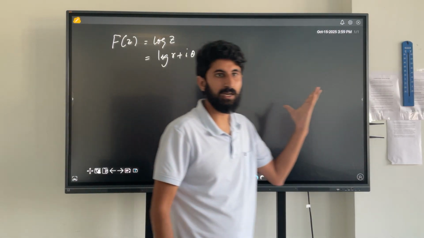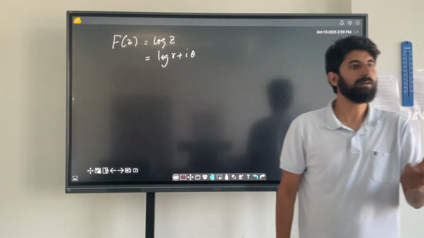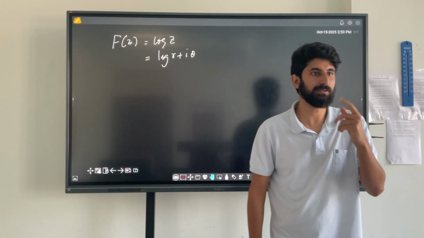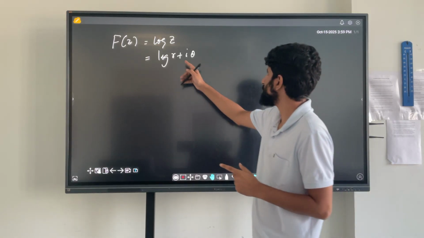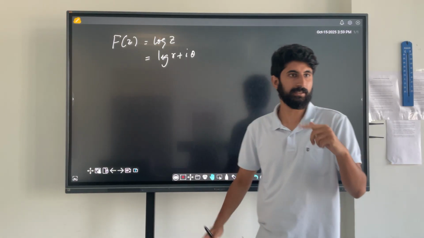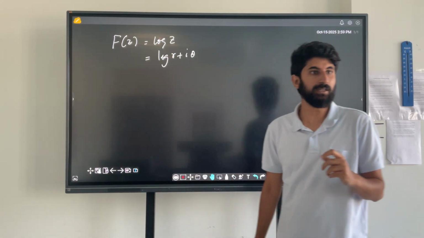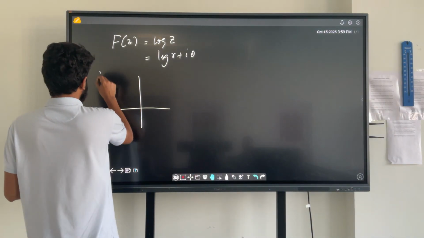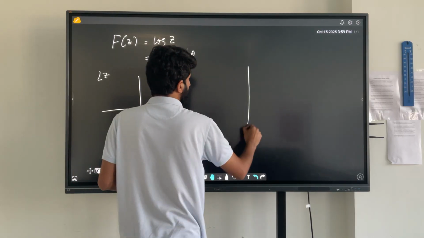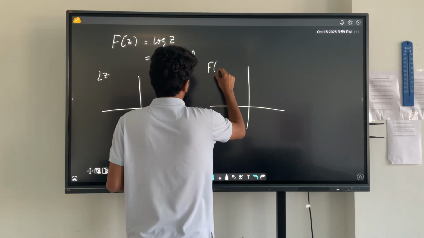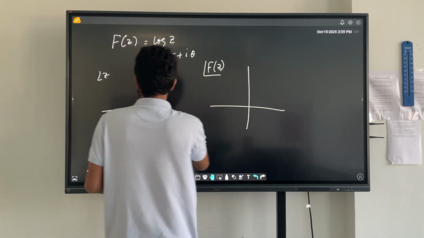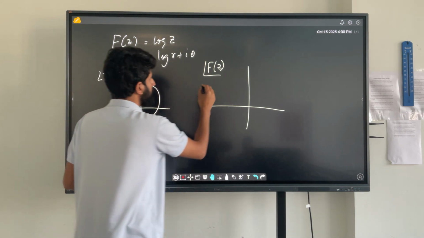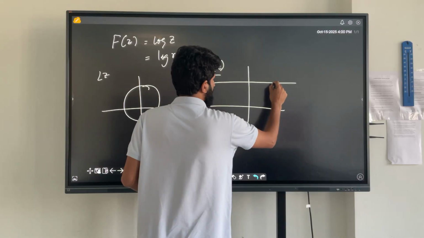If z is r e power i theta, r is the magnitude, the modulus, and theta is the angle, the argument of z. Remember I told you that the circles in the z plane get mapped to lines like this.